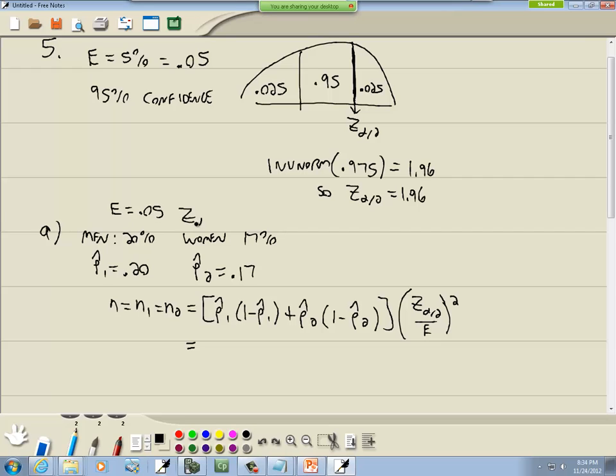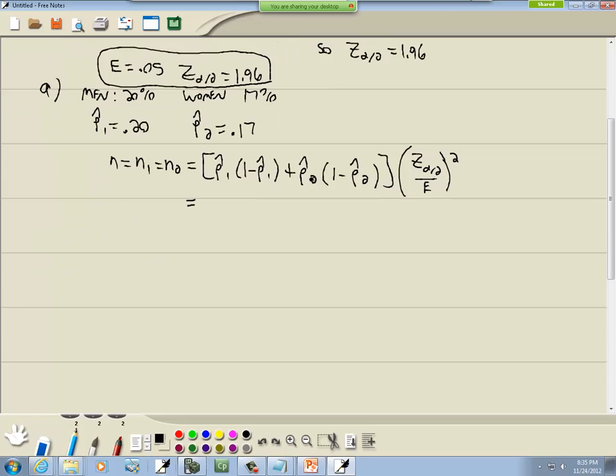And we said Z alpha divided by 2 is 1.96. Now it'll be the same for both part A and part B. Okay, so P hat is 0.20 times 1 minus 0.20, plus 0.17 times 1 minus 0.17 times Z alpha divided by 2, which was 1.96, divided by E, which was 0.05.